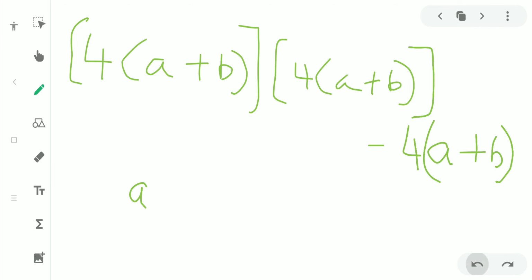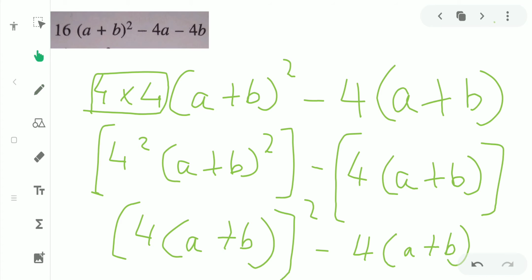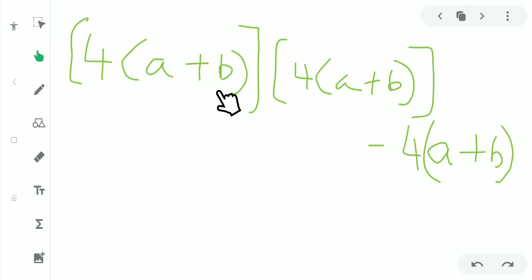So when a square is equal to a into a, here 4 into a plus b whole square also can be 4 into a plus b into 4 into a plus b. So that is the case I have written here to explain it to you.